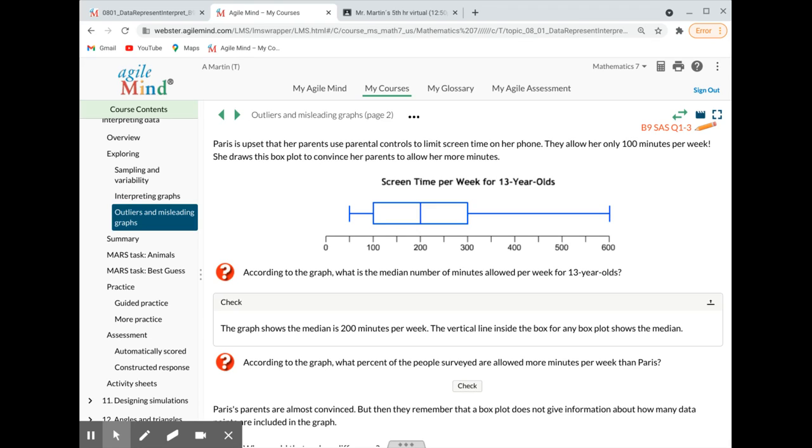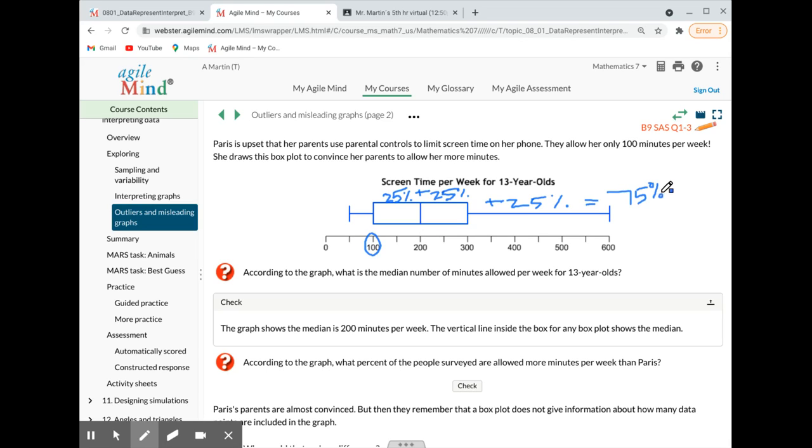75%. Explain. Each section is 25%. So the first half of the box is 25%, the second half of the box is 25%, and then the right whisker is 25%. So add that all up and you get 75%. Anybody need any help on that, or does that make good sense?